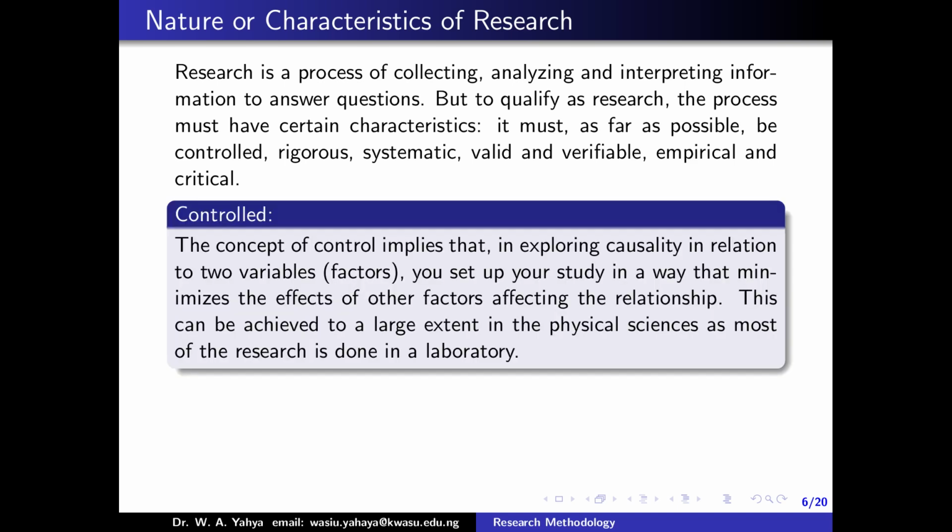What do we mean? By controlled, what we mean is that the concept of control implies that in exploring causality in relation to two variables, you set up your study in a way that minimizes the effect of other factors affecting the relationship. What does this mean? Let's say you want to test the implication of a particular drug in treating malaria. You must have a control group.